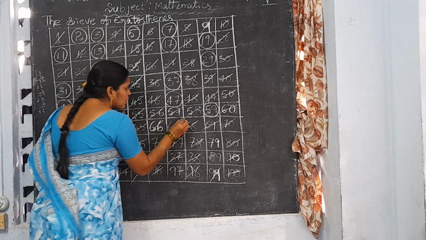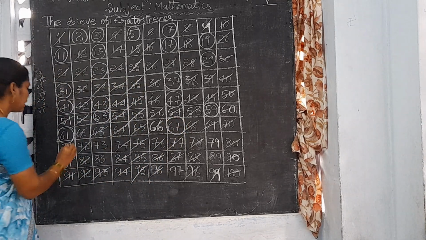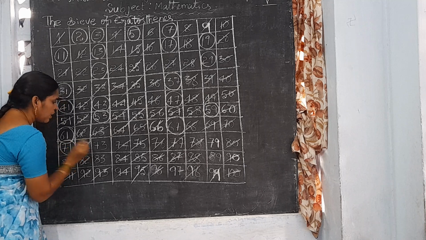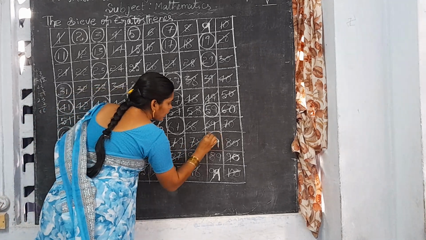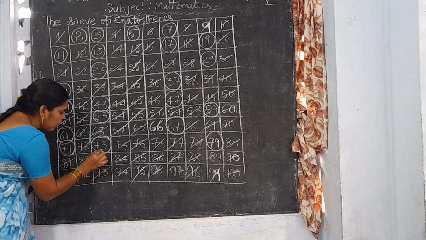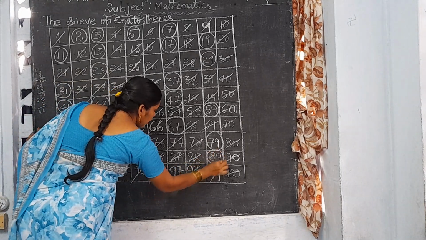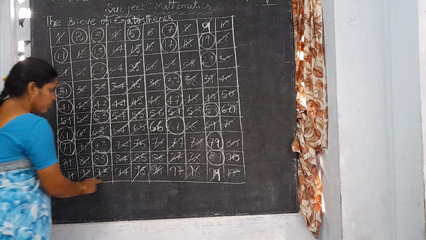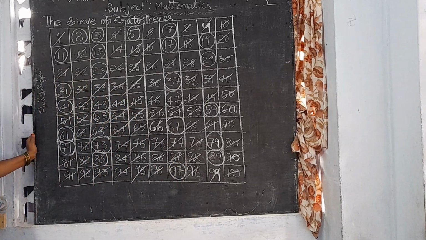Next 67. Next 71. Next 73. Next 79. Next 83. Next 89. Next 97. These are the prime numbers between 1 to 100.